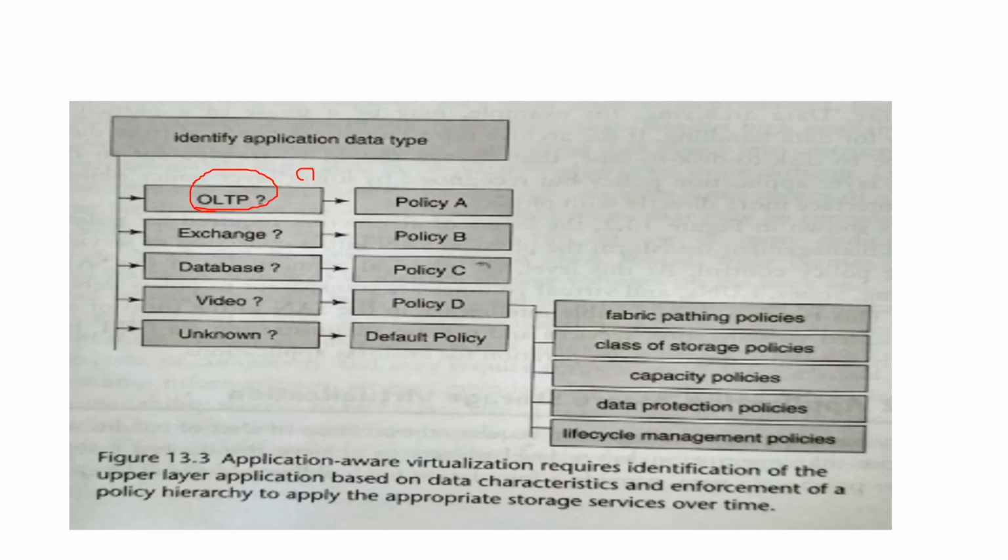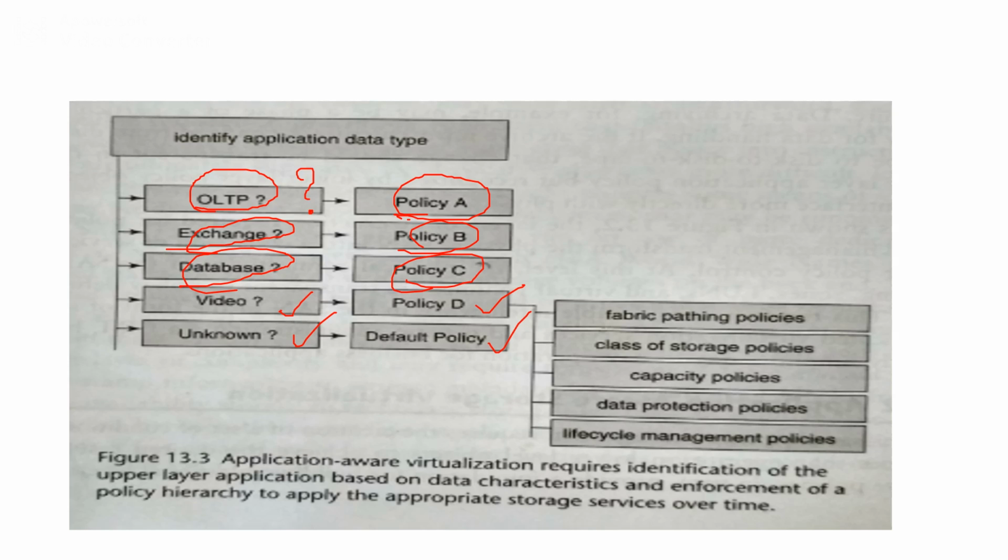What exactly is the application data type? Depending upon that, set the policy. How the data can be exchanged, set the policy. What kind of database can be used, set the policy. Either the application is video, set the policy. Underlying software or physical resources, that means the default policy.